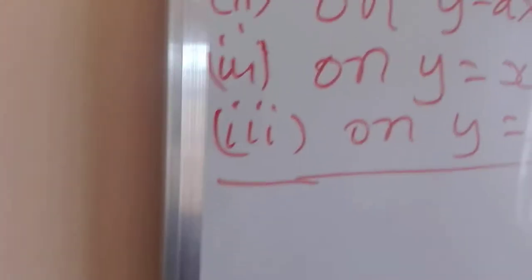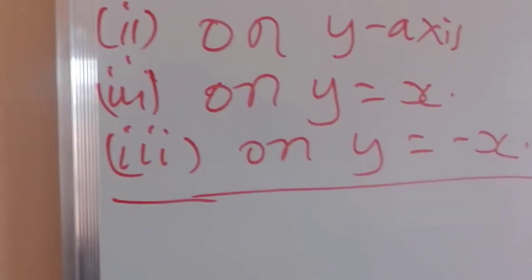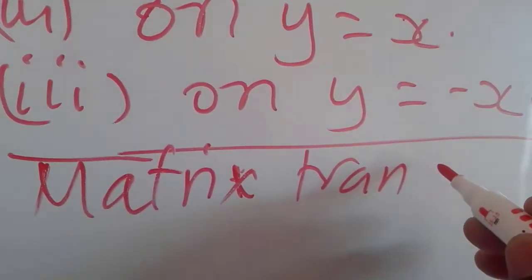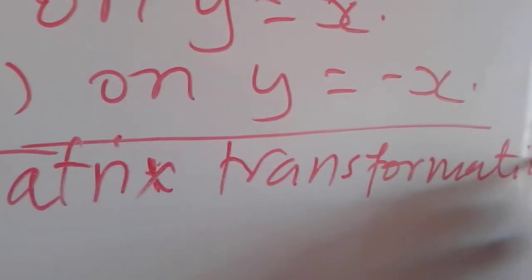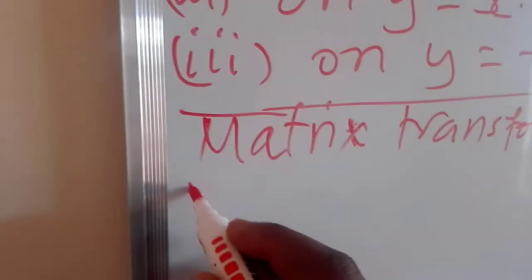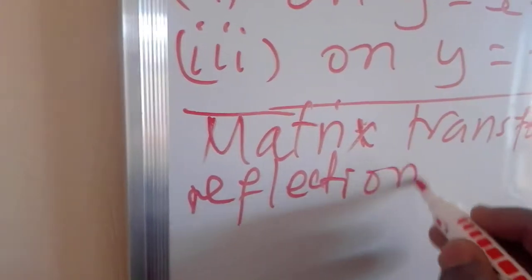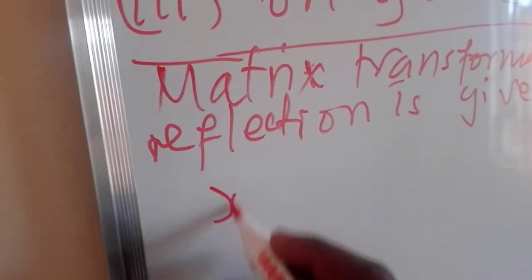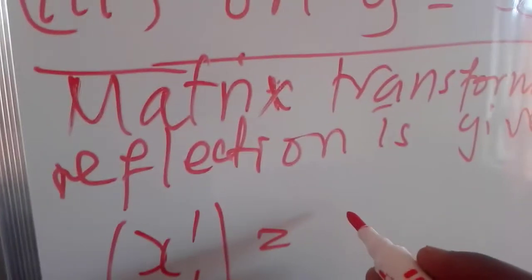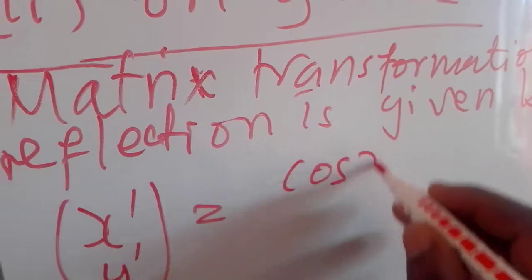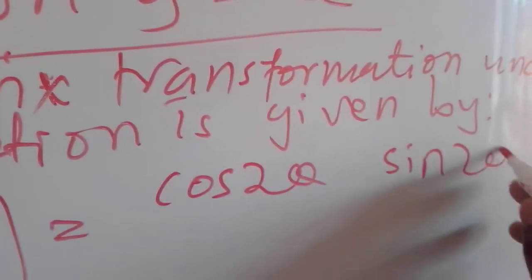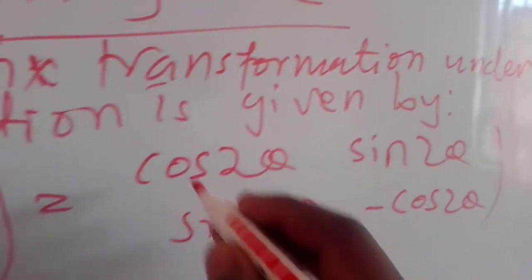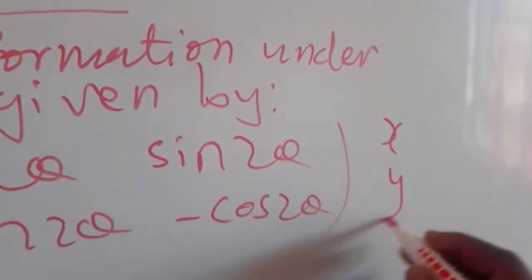So the matrix transformation under reflection is given by this one: (x', y') means that this is the image, equals the matrix with rows cos 2θ, sin 2θ and sin 2θ, negative cos 2θ, times the original point, that is (x, y).